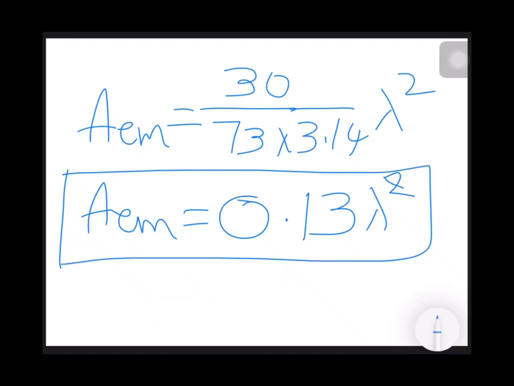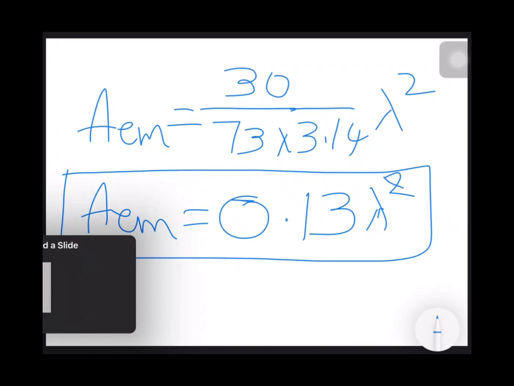So the final value for maximum effective aperture for a lambda by 2 antenna is 0.13 lambda square. So this is the equation for maximum effective aperture of a lambda by 2 antenna. It is 0.13 lambda square.